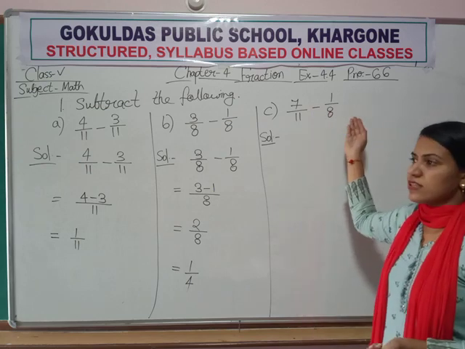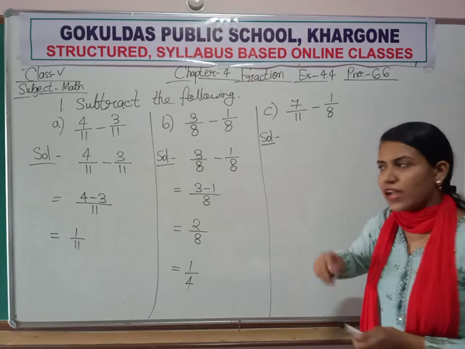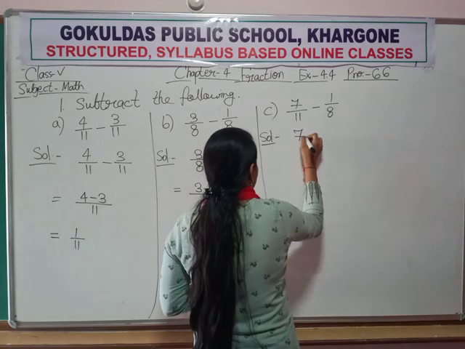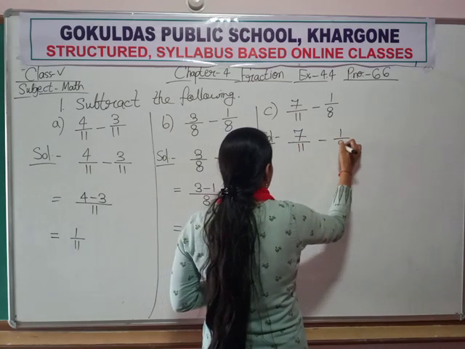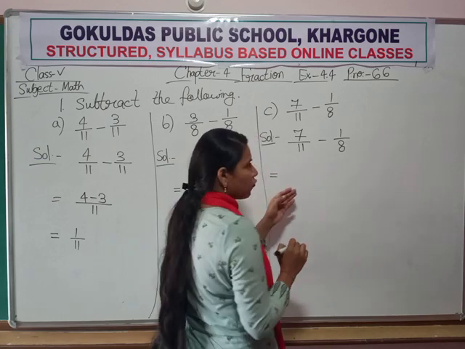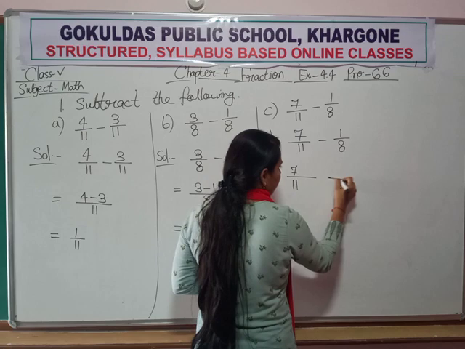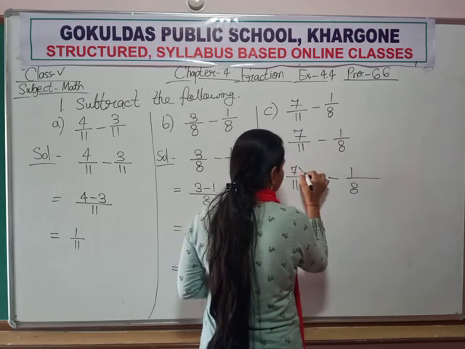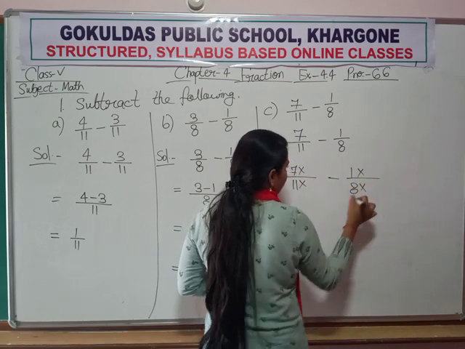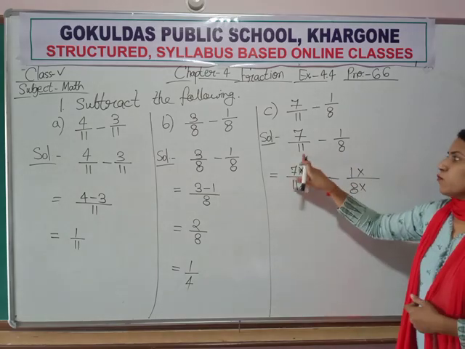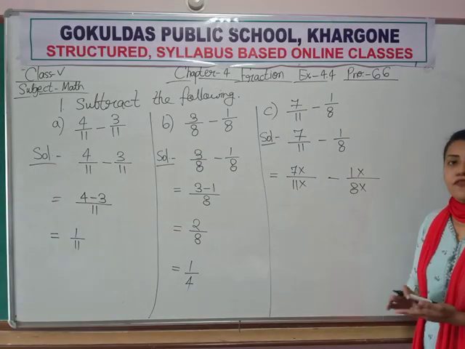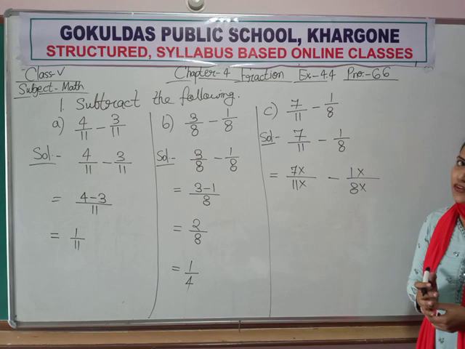We will convert this unlike fraction into like fraction. In the next step, we will make both the denominators equal, okay?